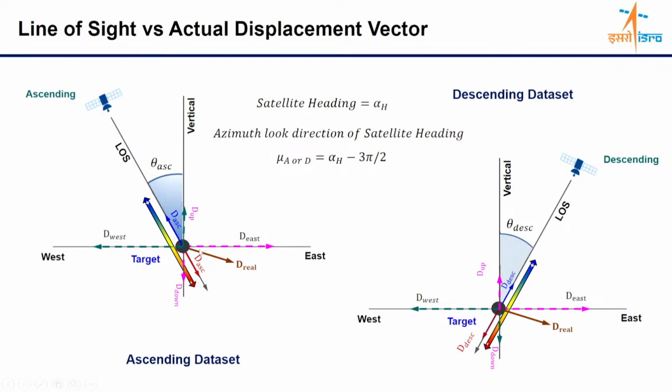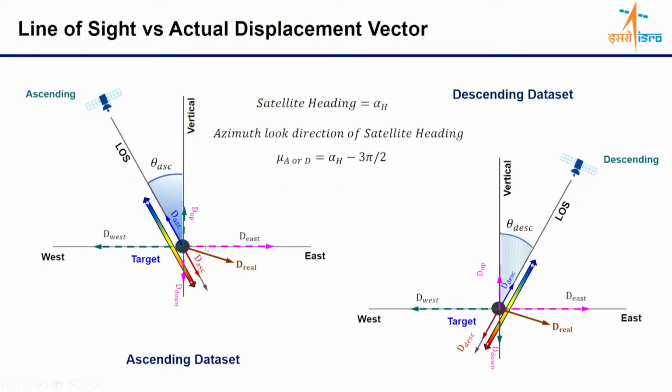So these three axes we are considering as x, y and z. Let us say the x direction is east west, the y direction is along north south, and the z direction is along up and down, okay.